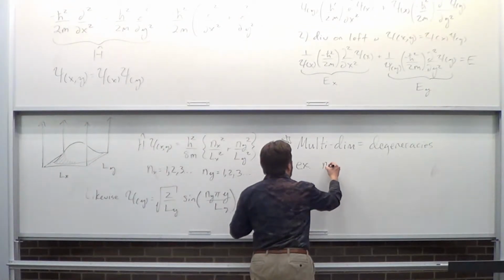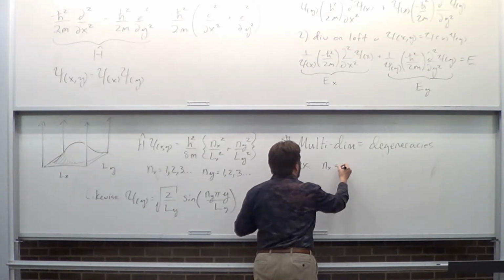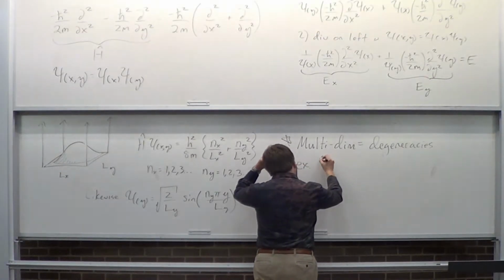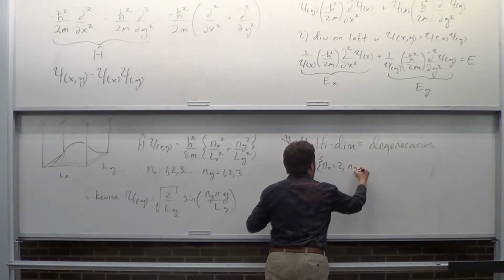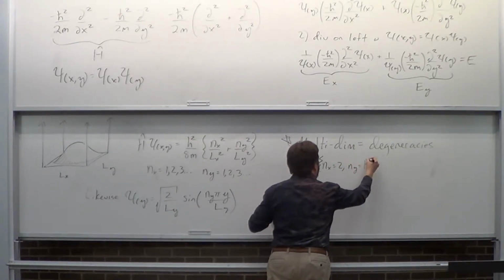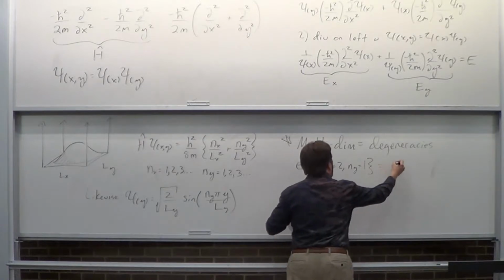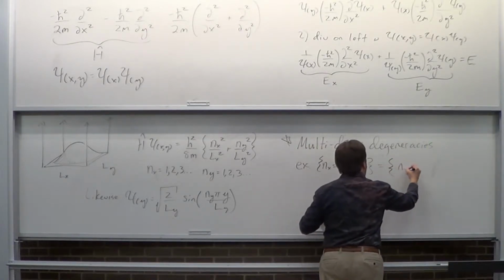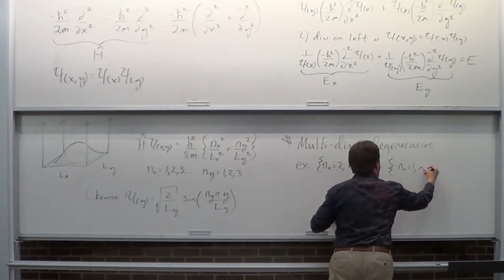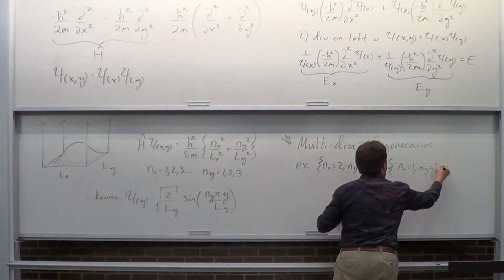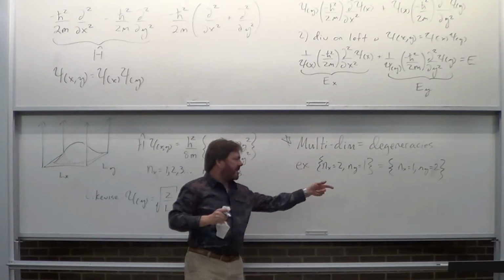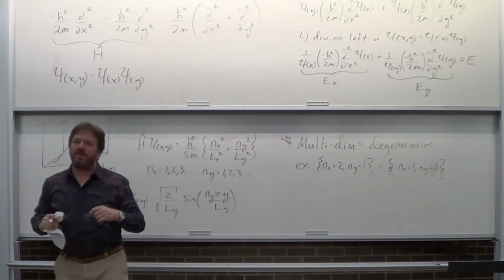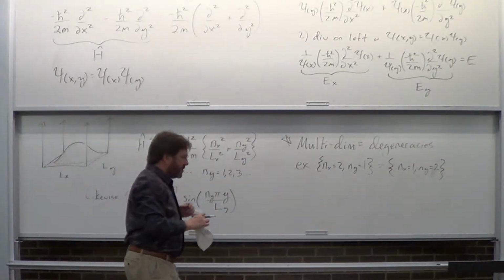But when it comes to multiple dimensions, the reason you can have degeneracies is that you have sets that are equivalent to other sets. This is what I just said, I'm just writing it in a nice mathematical form. So the 2-1 set is equal to the 1-2 set, essentially. They would have the exact same energy.